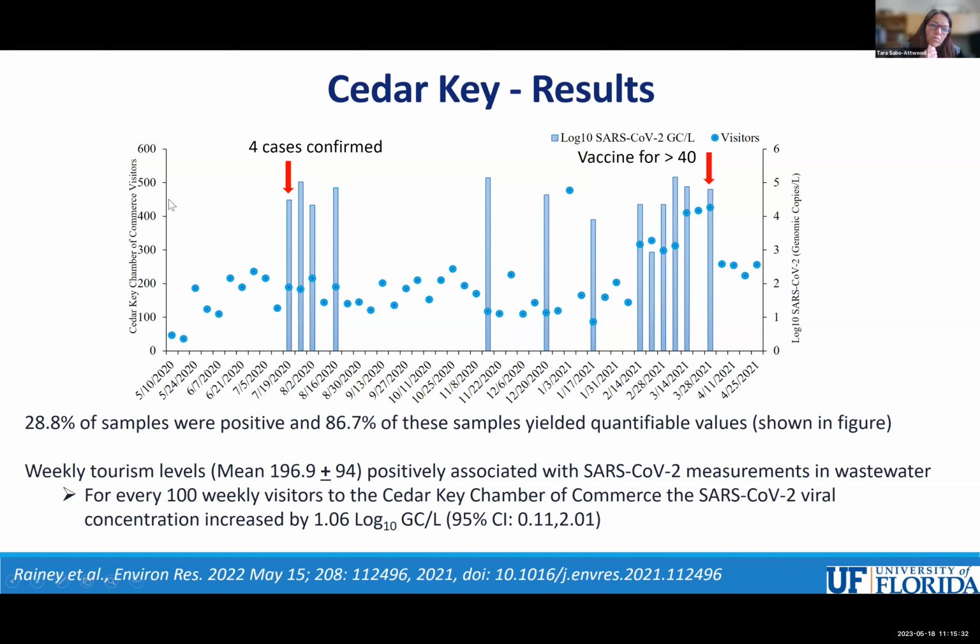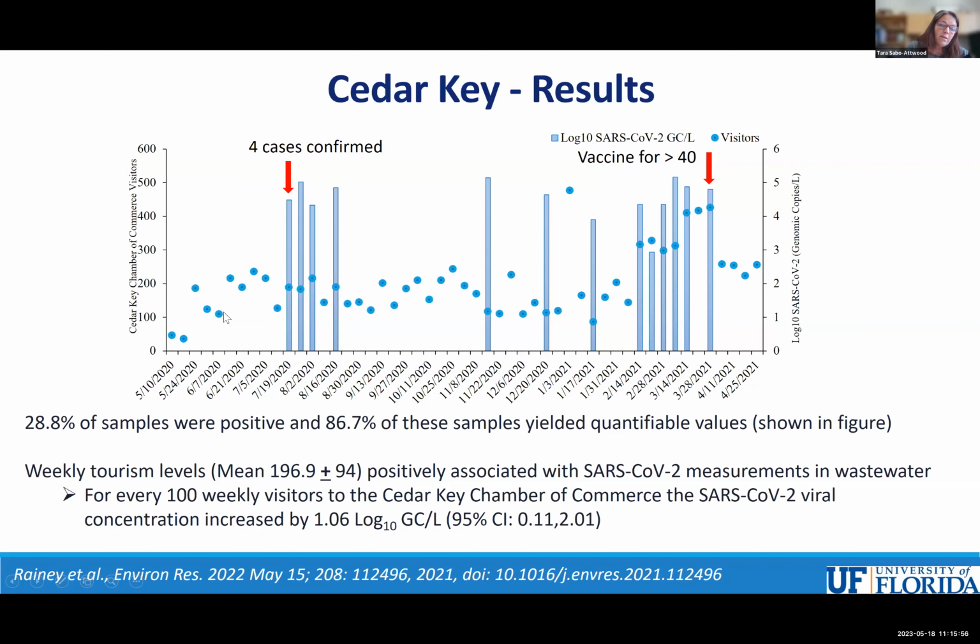Just to orient you with this graph, the bars are when we had hits for SARS-CoV-2 by PCR in the wastewater, and the circles are the number of visitors based on how we collected that data through the Chamber of Commerce over the entire time period.